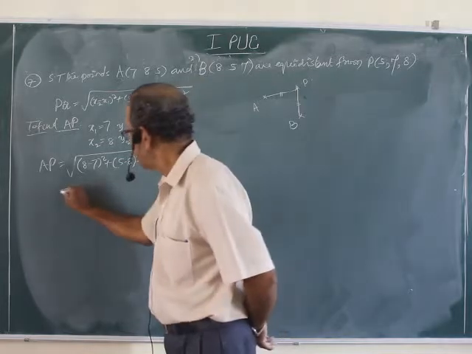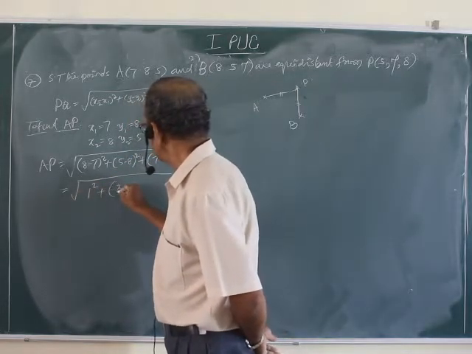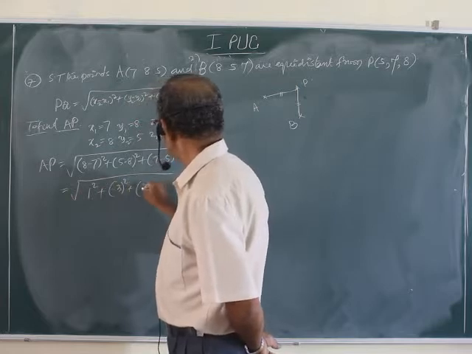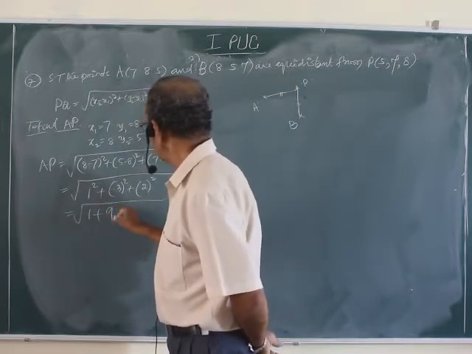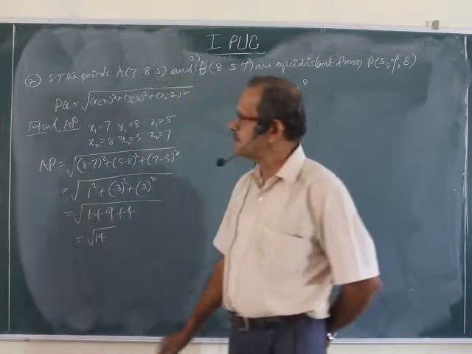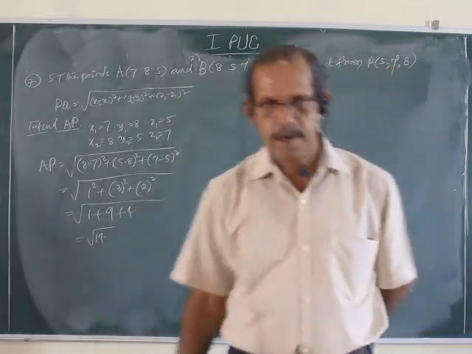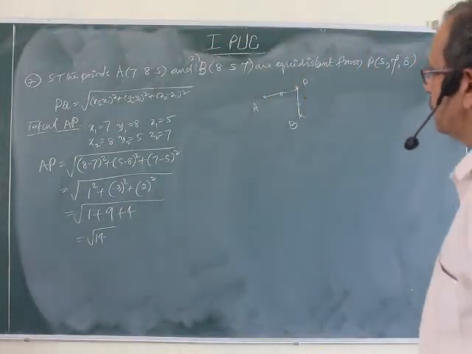equal to 1 square plus minus 3 square plus 2 square, equal to 1 plus 9 plus 4, or root 14. Distance from A to P is root 14.